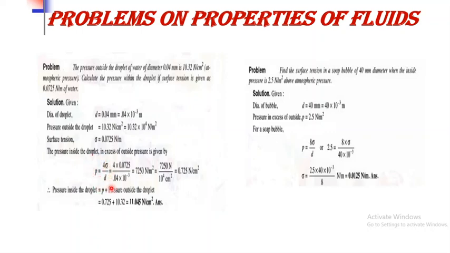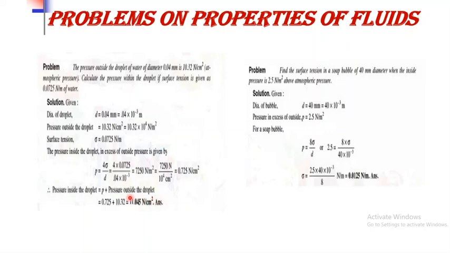So the inside pressure of the droplet, we can calculate it by using the formula P = 4 sigma by d. Putting the value of sigma as 0.0725 and the value of diameter as 0.04 into 10 raised to minus 3, we get the surface pressure as 0.725 Newton per centimeter square. Here we have to calculate the pressure within the droplet, so we have to add the surface pressure to the pressure outside the droplet.